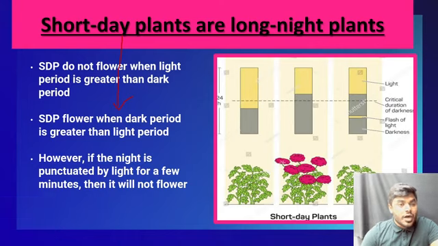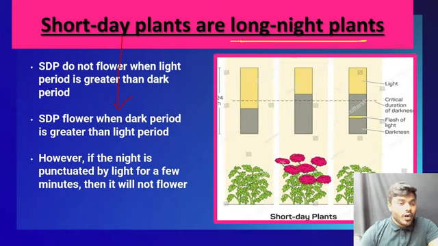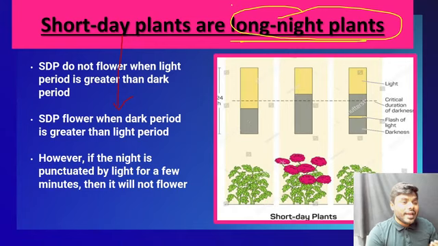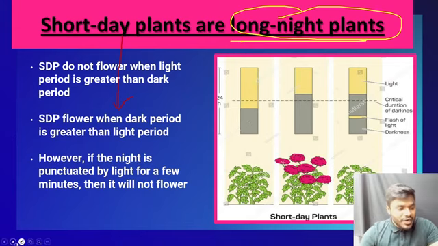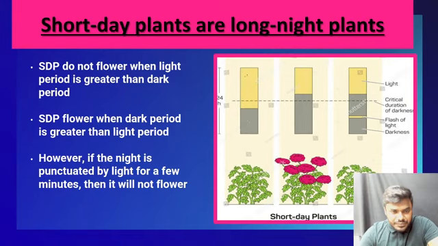Short day plants are long night plants. What do you mean by that? It means they require more night length when compared to the daylight. That's why we call them that: they require more night when compared to the day. So every student, please look into the pictures very carefully.